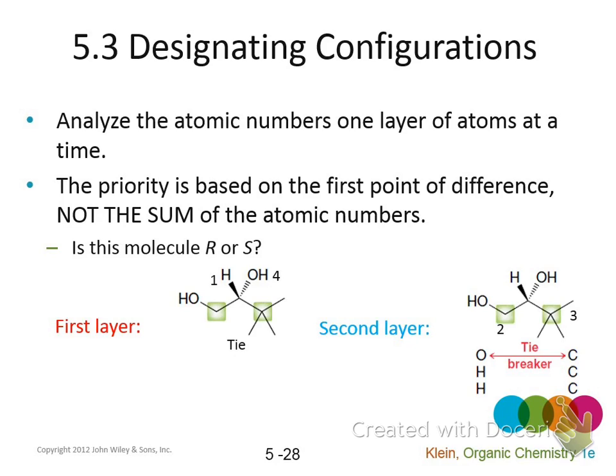Any questions on those? Yeah, go ahead. Yeah, why is 1 next to H? Say again? 1 is next to H and then 4 is next to OH. I don't know. Because it's wrong. Yeah. Huh. Really? Yeah, it's because it's wrong. Sorry.